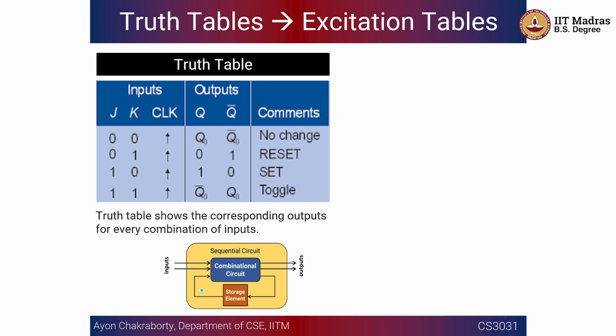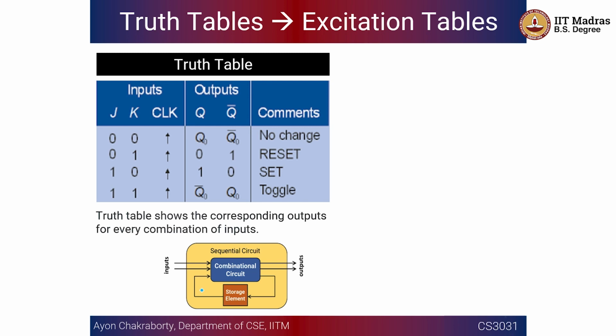So if this is the input currently, what is the output that is going to happen? There is no notion of time. It doesn't matter what happened earlier in the circuit, what the previous output was, to determine the current output. The current output purely depends on the current input in case of a combinational circuit.